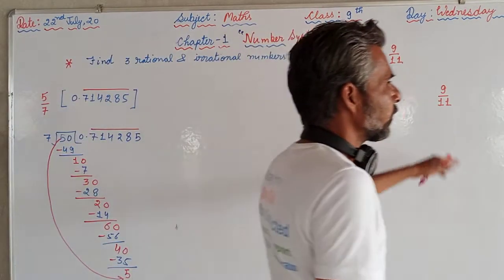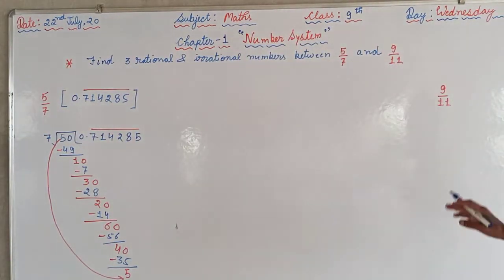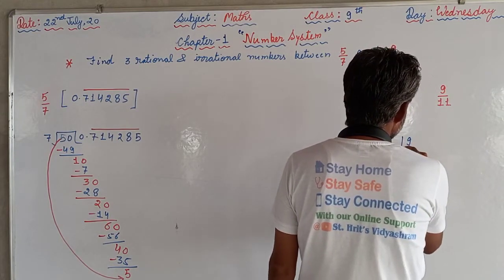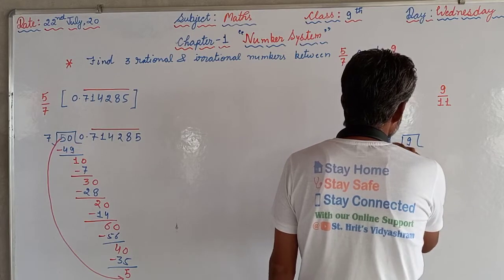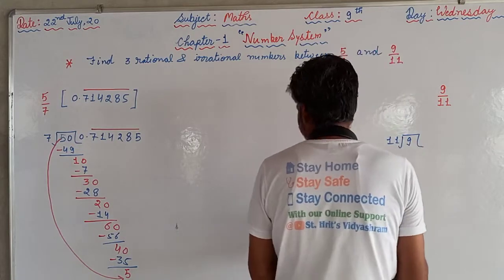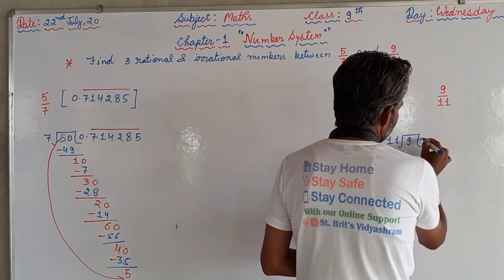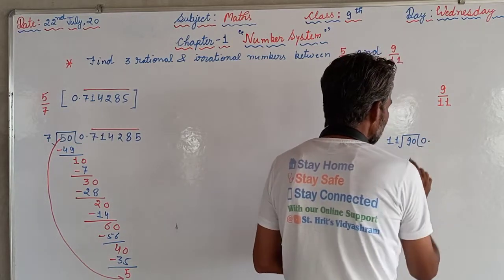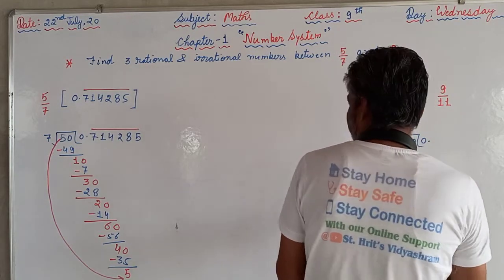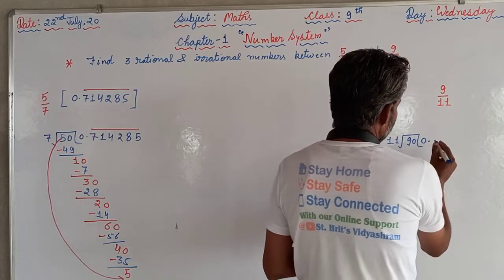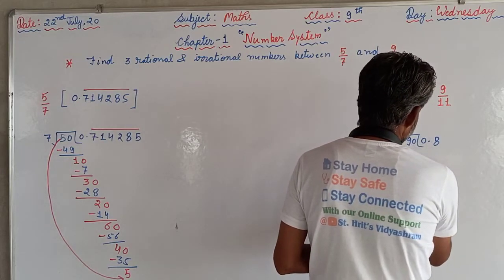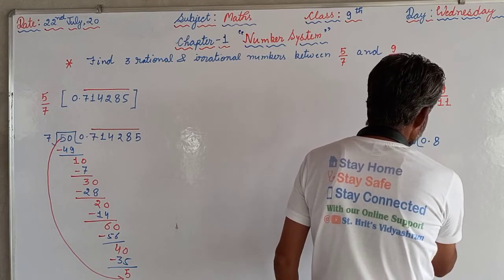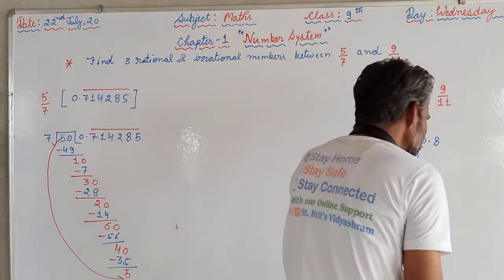Now we will try to find out the decimal form of 9/11. So for that we have to divide 9 by 11. We cannot divide, so what we will do, we will place 0 here. After 0 we will place the decimal, and we will place 0 here. So 11 8s are 88. Now we will subtract, we will get 2 here, and we will place the 0.